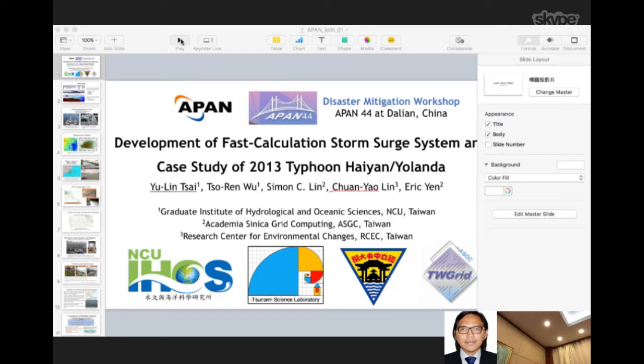From some field surveys at the local villages, at a bridge or some fish villages or some seawalls, the scientists who went to do field surveys after Typhoon Yolanda found that the inundation height measured at the bridge is 5.9 meters, and the run-up height would be 6.9 meters.